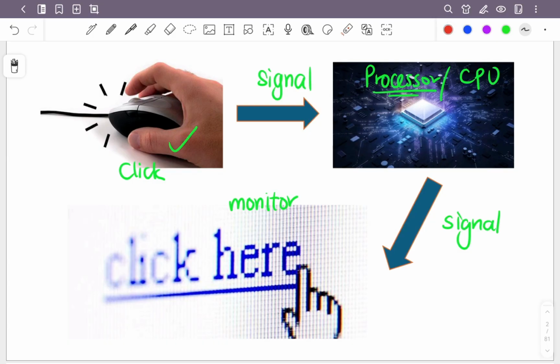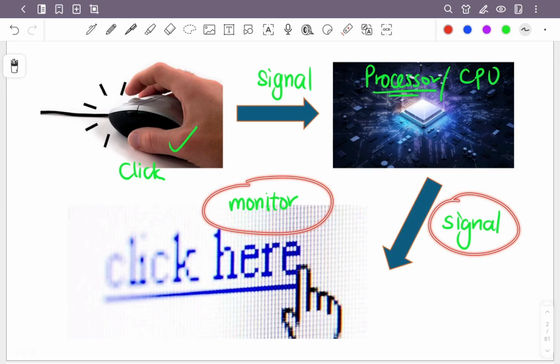What I want to say is that first you must have some changes, correct? The change here is that you click the mouse, then it will generate a signal which is sent to the CPU or processor. So this is like our brain. It's like the processor, you process the signal. So our brain, after processing, will generate another signal to the monitor.